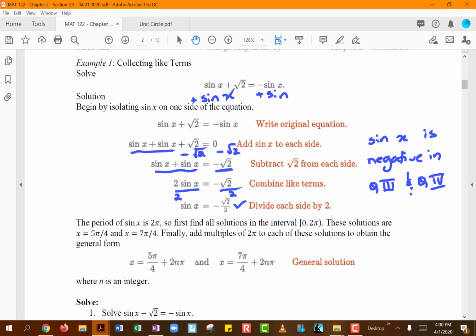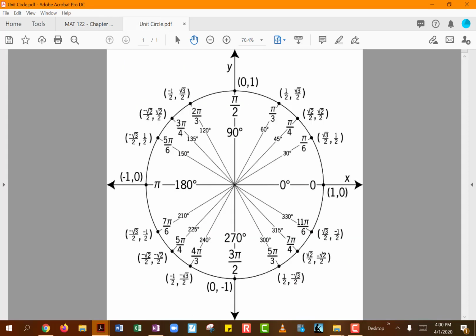If you just read that little paragraph here, they're saying the period of the sine function is 2 pi. We know that. So start by finding the solutions in that interval going from 0 to 2 pi, and then of course you can use the general solution. So this is going to be at the angles 5 pi over 4 and 7 pi over 4. Let me show you our unit circle here.